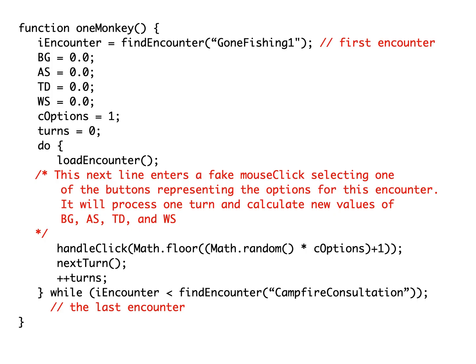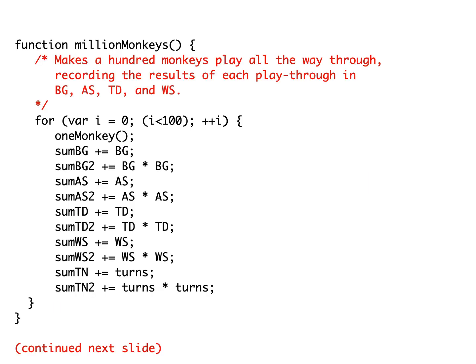Here's my JavaScript code in which one monkey plays through one instance of the story world. The trick that makes it so short is that the three key methods are all nicely modular, so permit input by either the human player protagonist or the random monkey. And here's the first half of the code for calculating the results of the monkey's work.